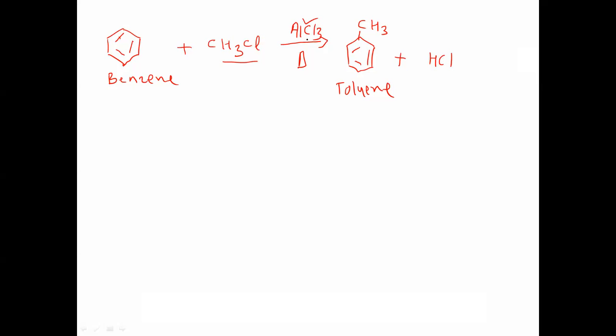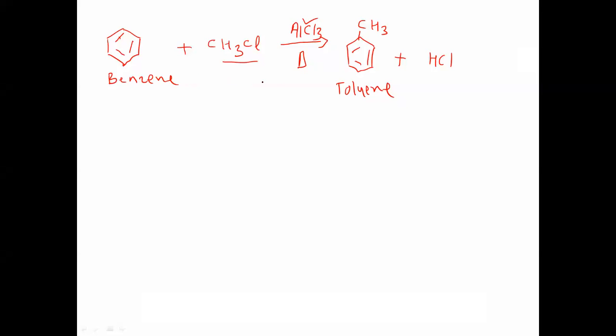Its role is to initiate and accelerate this conversion. Benzene to toluene conversion is accelerated by aluminum chloride after heating them together. This is a typical Friedel-Crafts reaction, means alkylation of benzene.